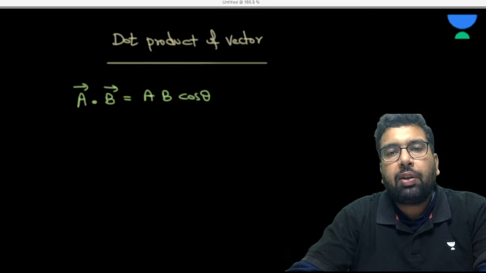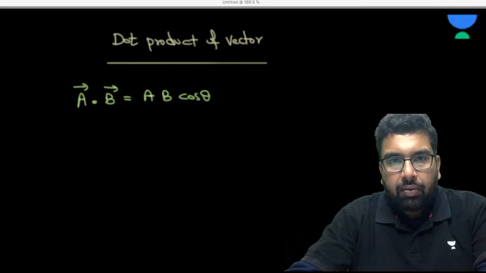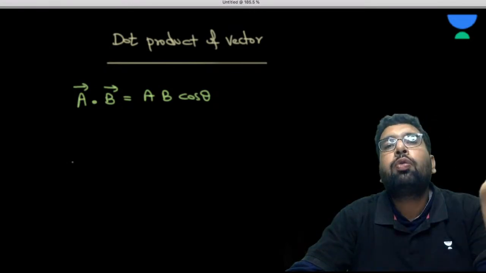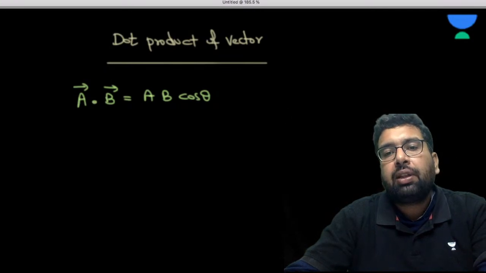When you take a dot b, we write a b cos theta, where b cos theta is the component of vector b in the direction of a.